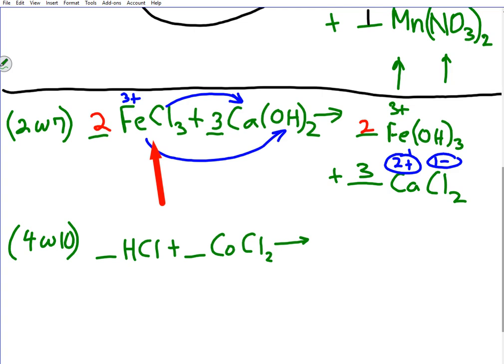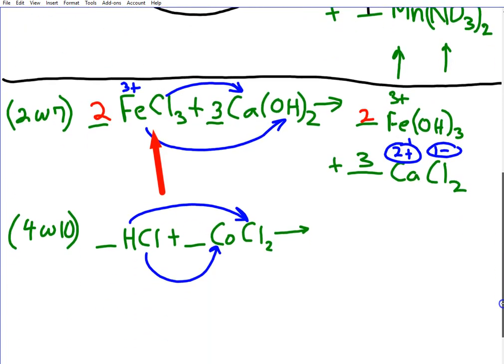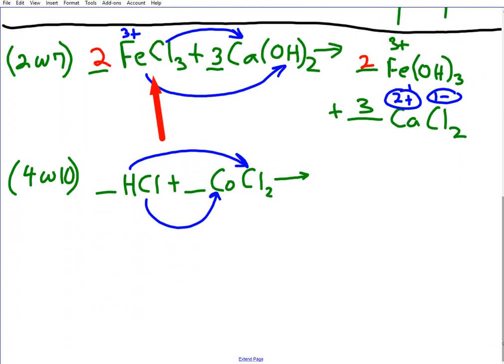Okay, now on the other side, we're going to mix them again. The first ion goes with the last ion of the other guy. The last ion of the first guy goes with the first ion of the second guy. That's over on the other side of the equation in the products. So now we do the products. And we're going to have hydrogen, as you saw here, this hydrogen with the chlorine.